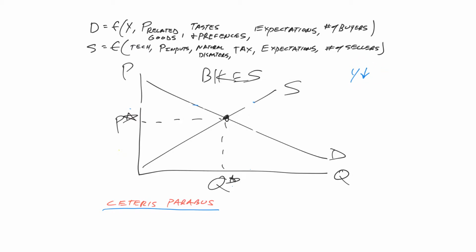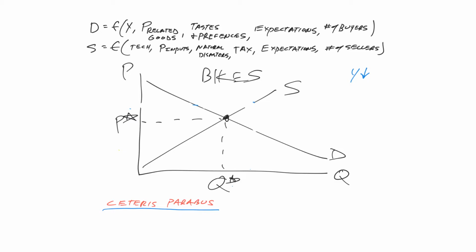What will happen? Well, first of all, we go over here, okay, and income is listed. There it is, income. It affects demand. Income's going down. What else do we need to know here? Whenever there's a change in income, we need to know if it's a normal good or an inferior good.